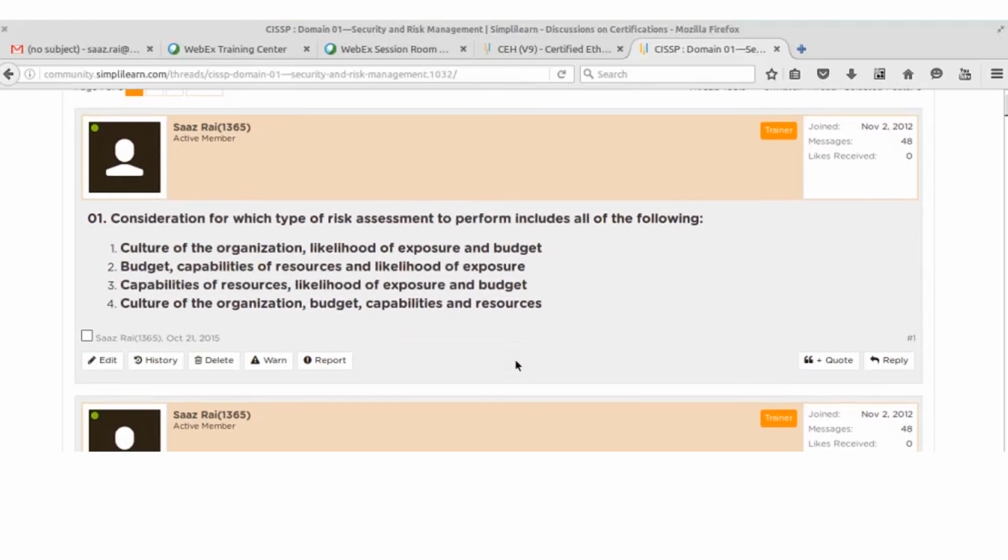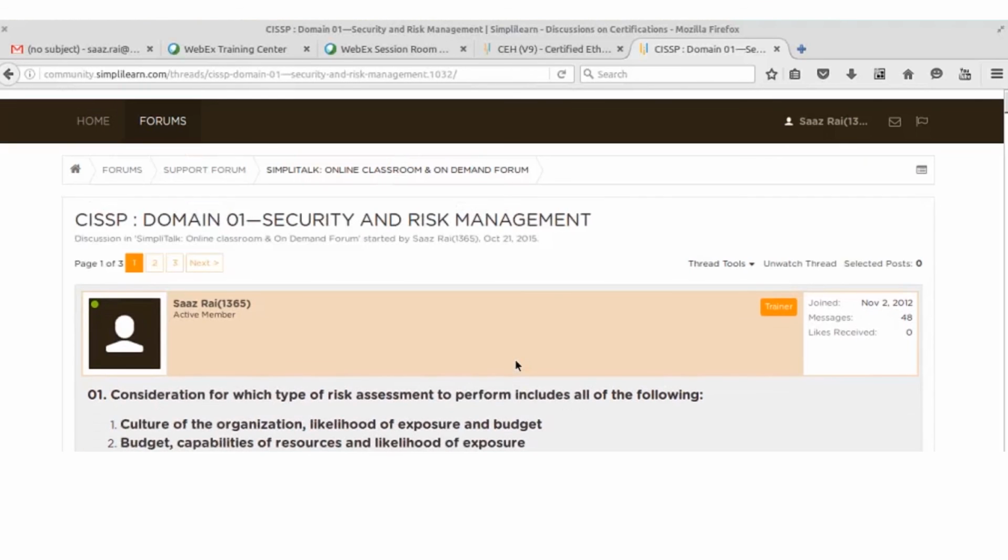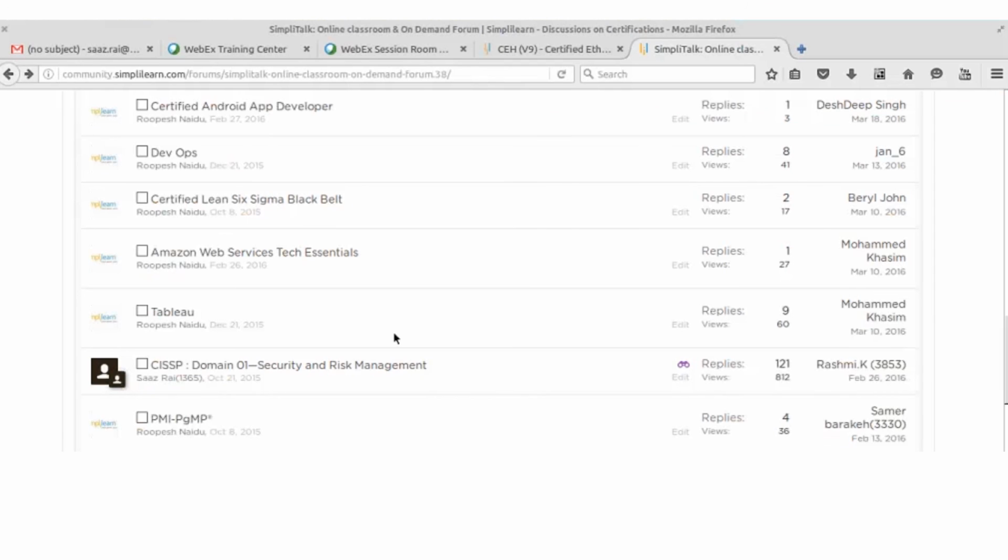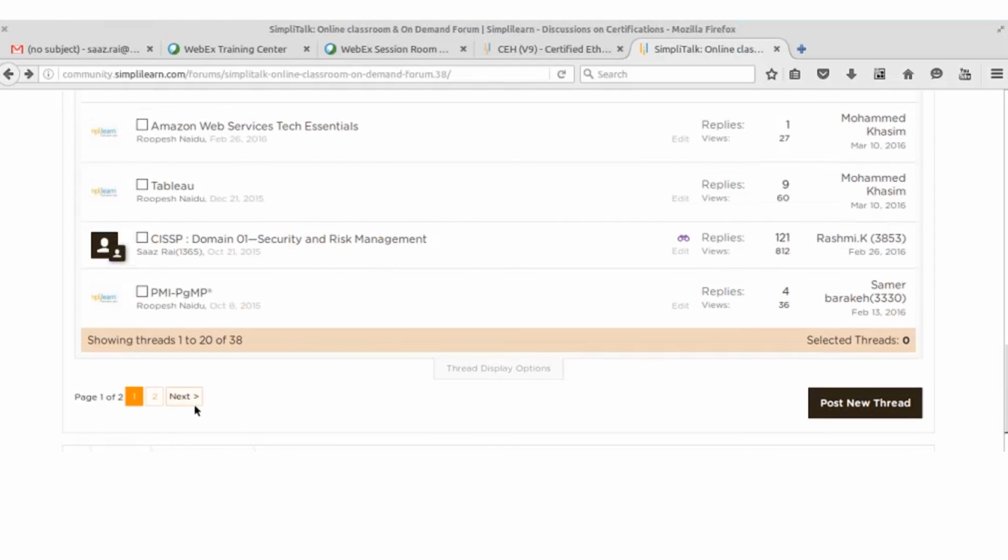Okay, so this is the Simplilearn forum, and as I have shown you, there are some questions here, and I request all of you to attempt these questions. These are very good questions, specifically handpicked by me so that you can all attempt them.